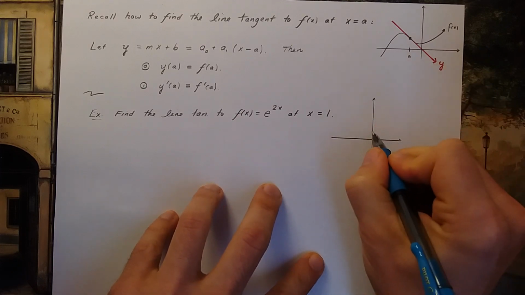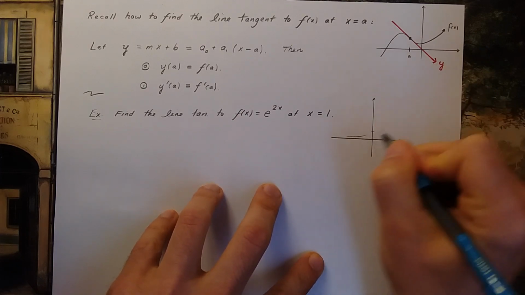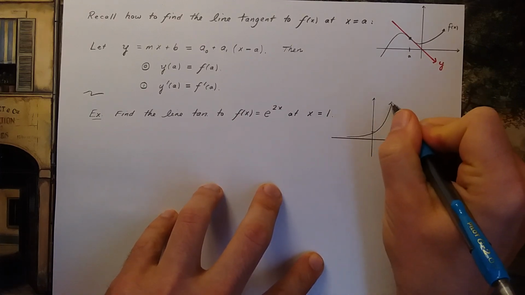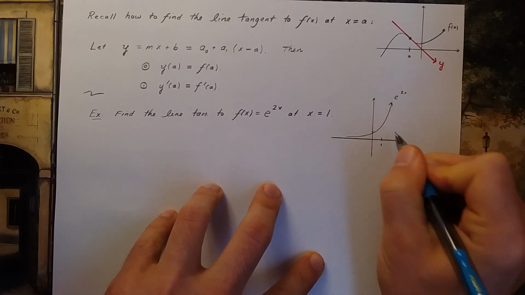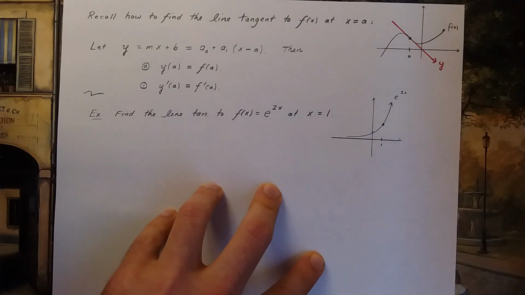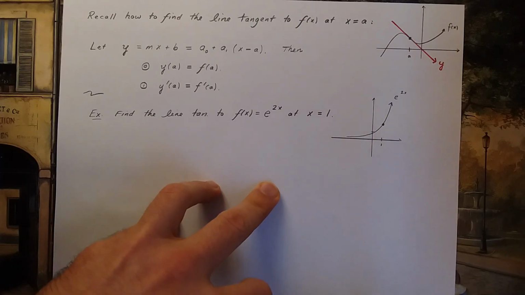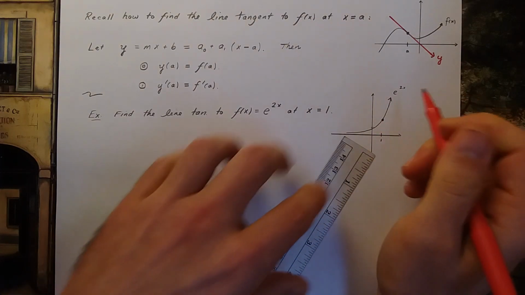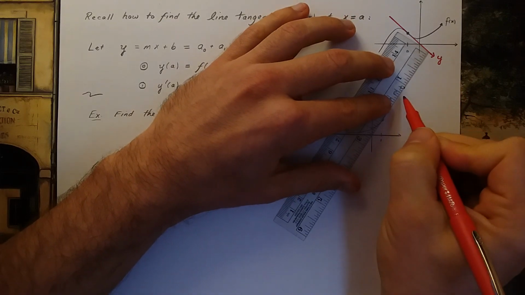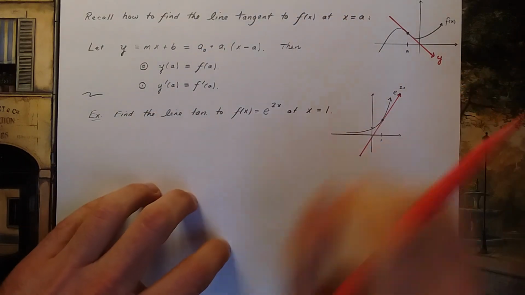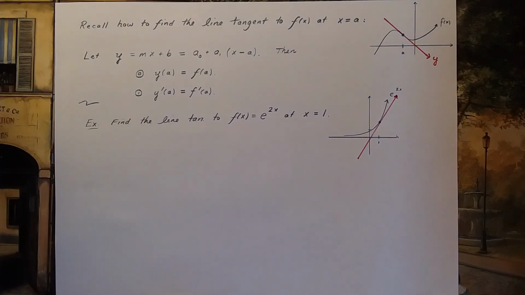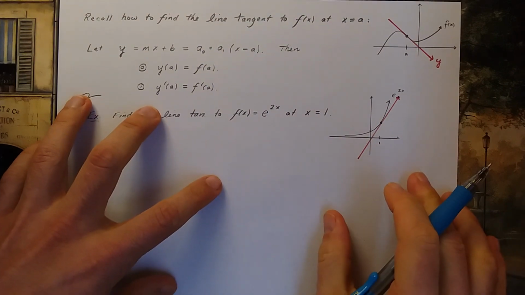So here's the graph of e to the 2x. Here I am at x equals 1. So the tangent line might look something like this. Okay, let's solve the problem.